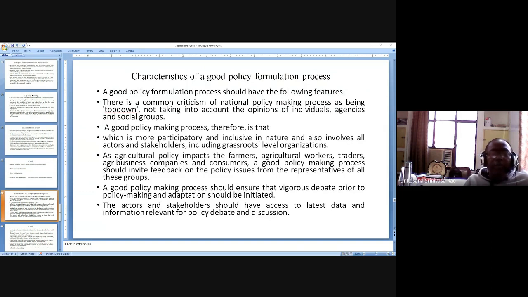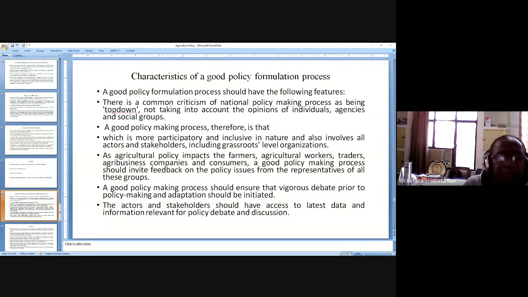A good policy making process should invite feedback on the policy issues from the representatives of all these groups. It should ensure that vigorous debate prior to policy making and adoption is initiated. The actors and stakeholders should have access to the latest data and information relevant for policy debate and discussion.